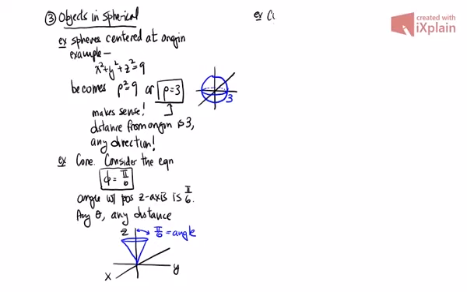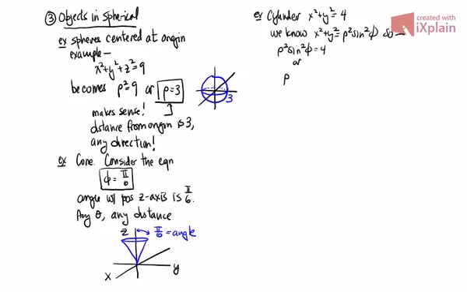What if we had the cylinder x squared plus y squared equals, say, 4? Well, we know that x squared plus y squared is rho squared sine squared phi. So we get rho squared sine squared phi equals 4, or rho sine phi equals 2.